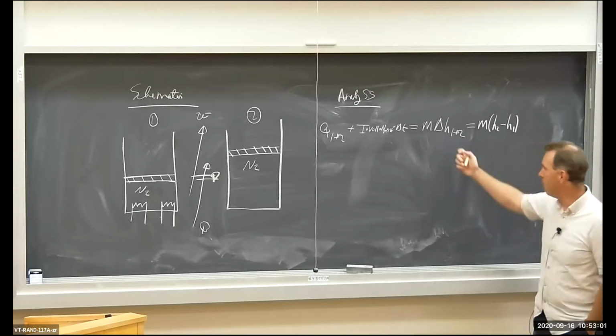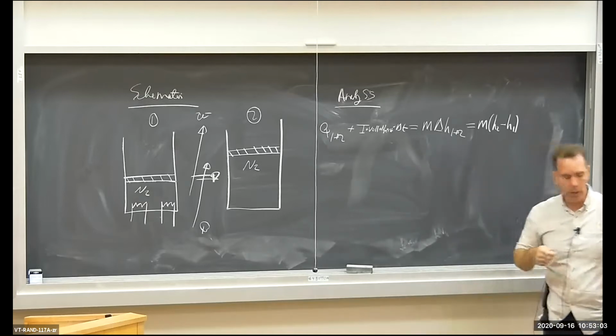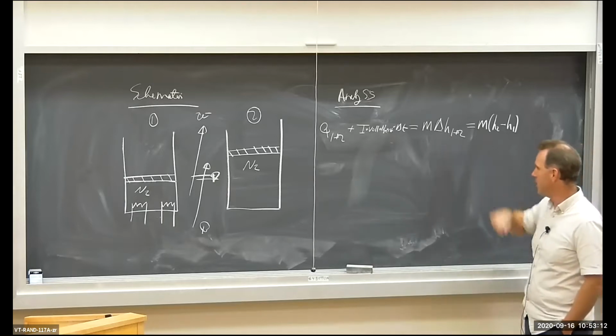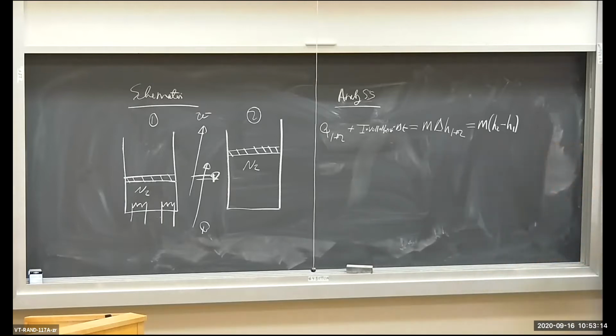So it's an isobaric process. So the boundary work gets swallowed up in the delta U term, and we get delta H or m delta little h from state 1 to state 2. So if you remember, the U became an H because the boundary work term was absorbed into the internal energy term to give you a change in enthalpy.